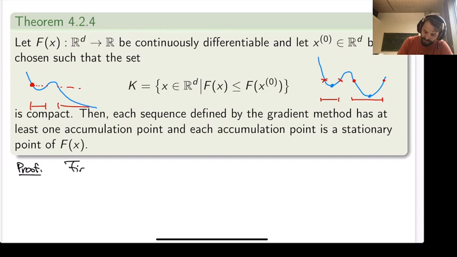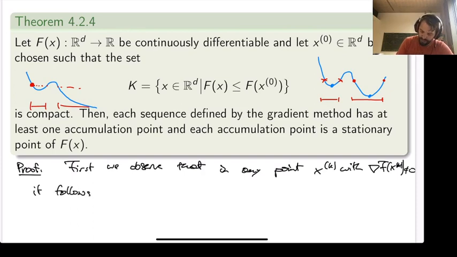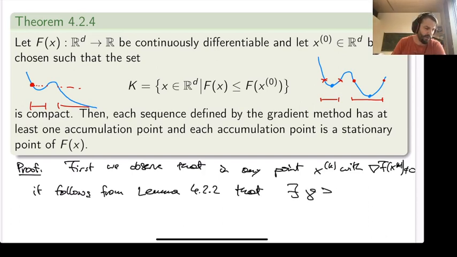So first we observe that in any point xk with gradient f of xk non-zero, it follows from the lemma on descent methods (4.2.2) that there exists some gamma greater than 0 such that f of xk is strictly bigger than f of xk plus gamma dk.